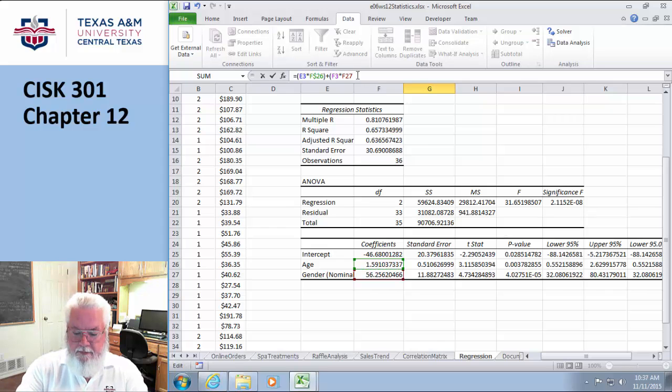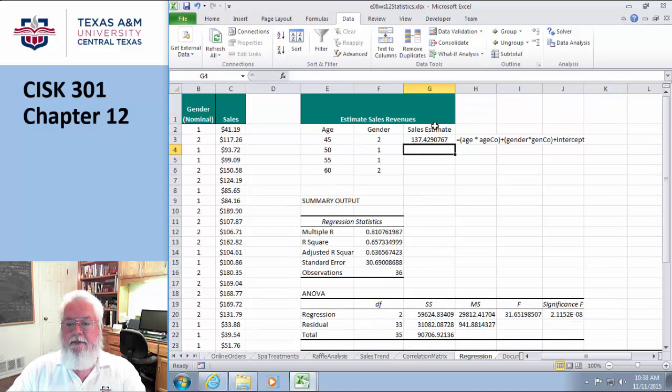Okay. Plus, oh, I should anchor that guy, shouldn't I? Plus the intercept. Okay. And once again, I'm going to anchor the number part because I'm going to use autofill in just a minute. So I'm going to grab this guy and go.